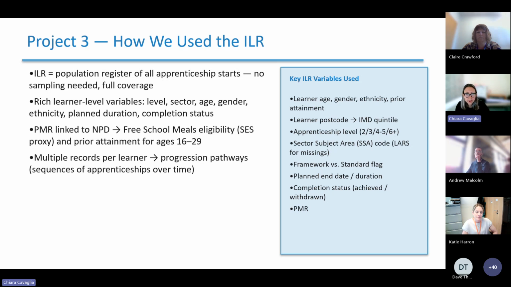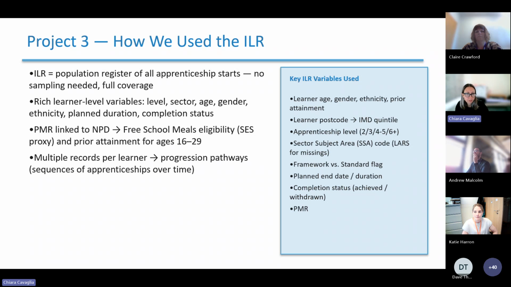What I noticed when using the ILR is that sometimes the level or the subject, even the guided learning hours might be missing. So in that case, we complement it with LARS.